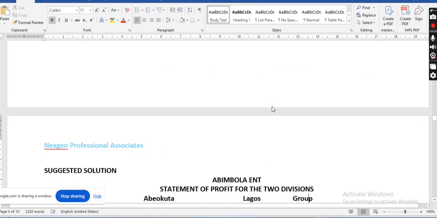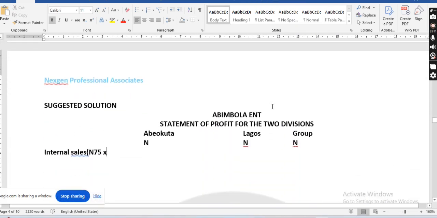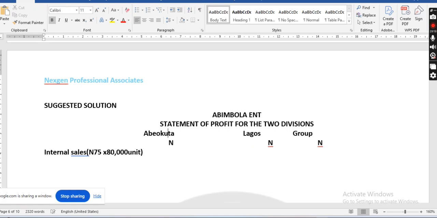Class, so 80,000 units. So what do we have? When you multiply, that's 6 million naira. So this will be new.